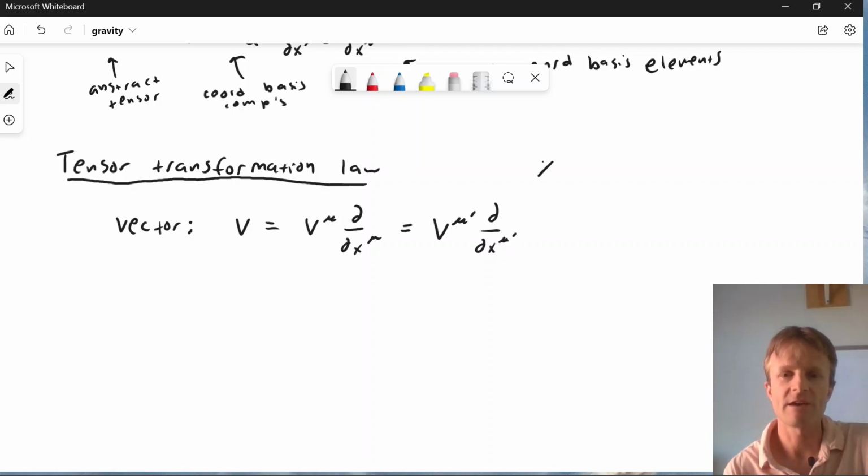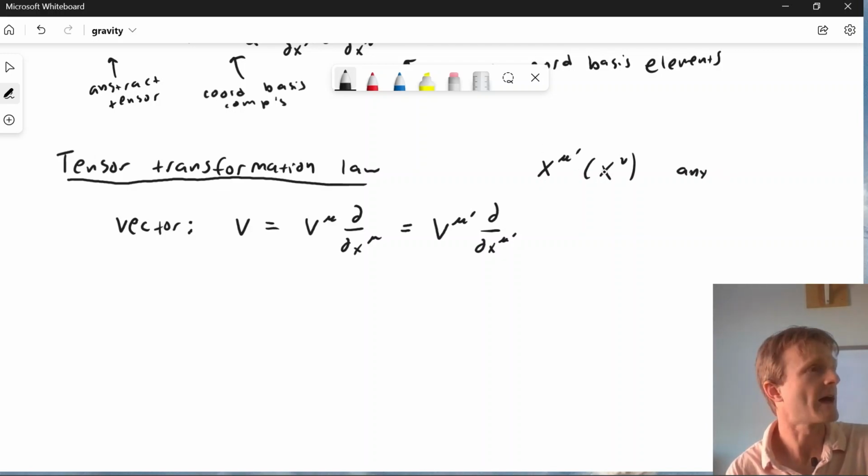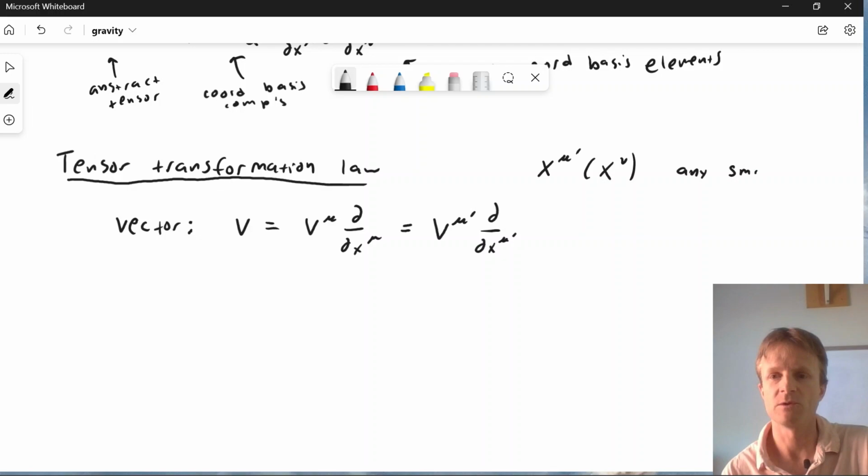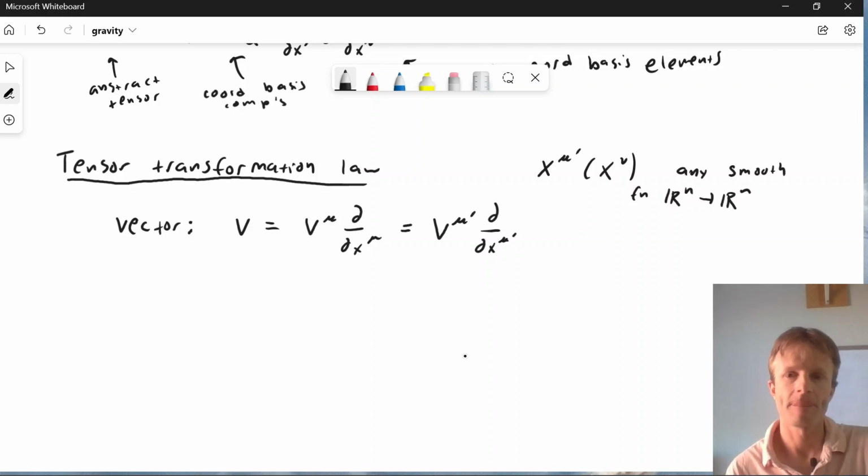So now we just have, in general, some function x mu prime of x nu. It's not a Lorentz transformation. It's just any, and remember, these are the overlap maps from Rn to Rn for the two charts, and so these have to be invertible functions. So we'll just say smooth. Any smooth function from Rn to Rn.